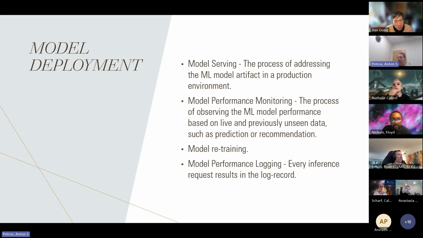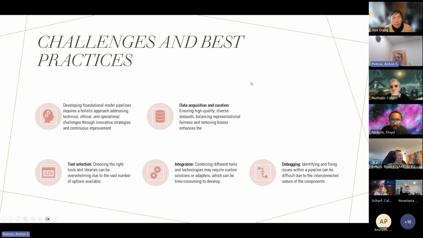And then finally, there is a deployment step, which includes the deployment of the actual model. And at this point, it's critical to do performance monitoring based on live and previously unseen data, and to use these outputs for model retraining and performance logging.